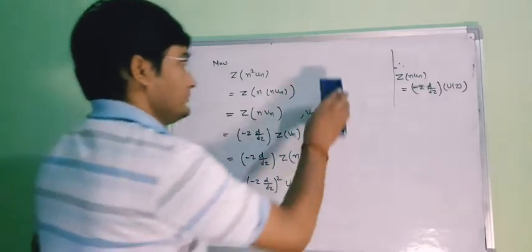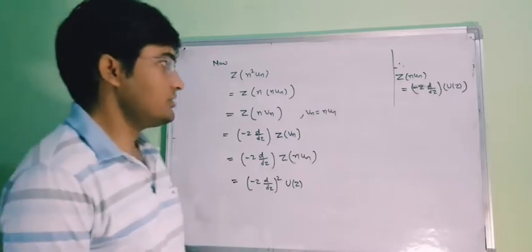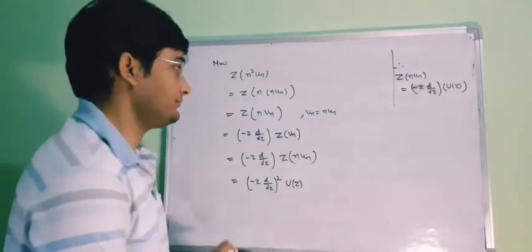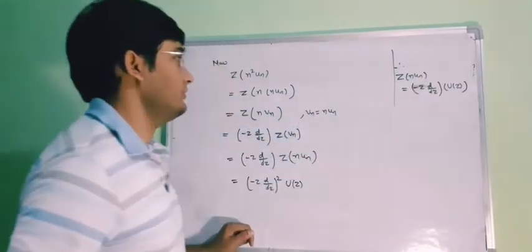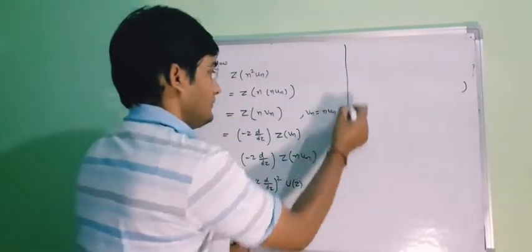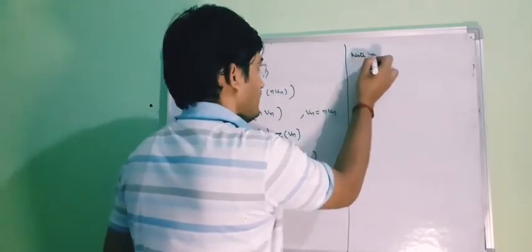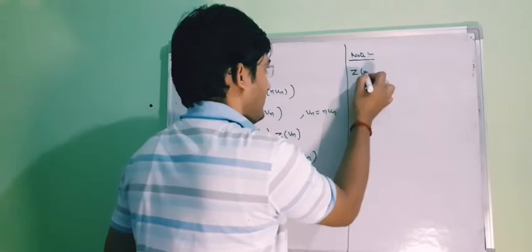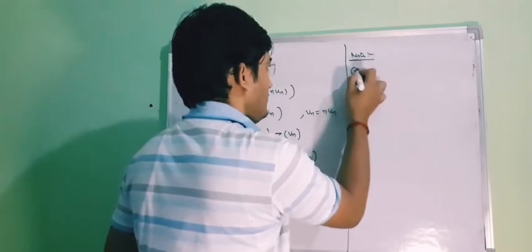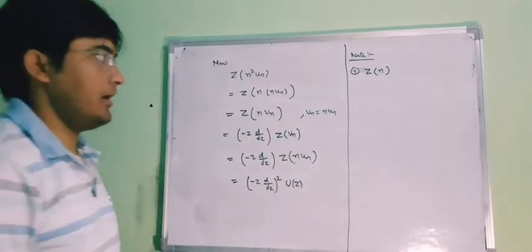Now from here, suppose that your un is 1. Question: find the Z transformation of n, using the first formula.